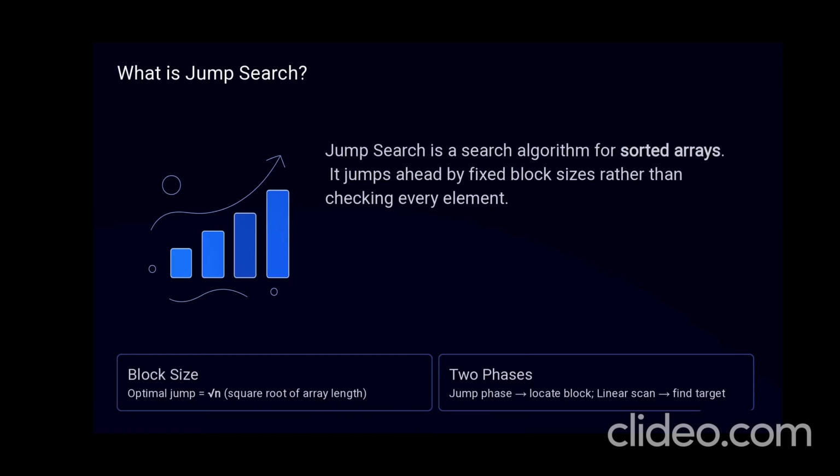The algorithm works in two phases. First is the jump phase where blocks are skipped. Second is the linear search phase where the target is searched within the identified block. This reduces the number of comparisons compared to linear search.